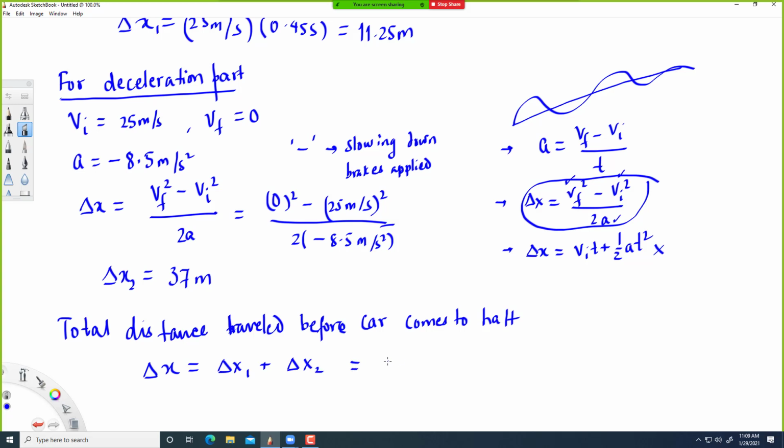So that means it's 11.25 plus 37, that is equal to 48.25.